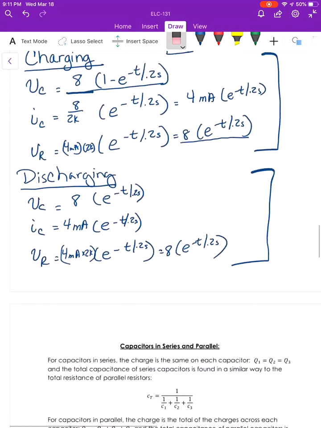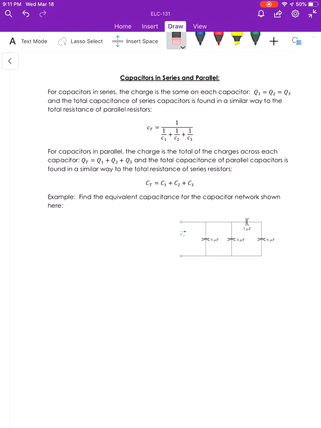Okay. All right. One final note: if you have multiple capacitors in the circuit in series, you're going to combine capacitors in series just like you did parallel resistors.